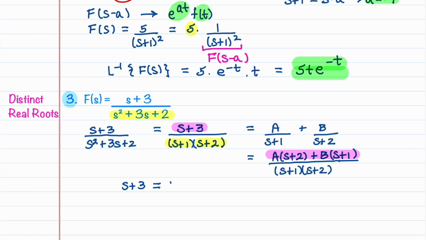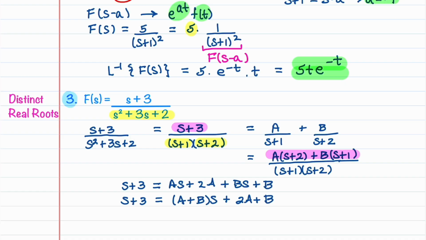We have as plus 2a plus bs plus b. Now let's split this up. We have s plus 3. We have a plus b that multiplies s, and then we have 2a plus b. Let's put a 1 here in front of the s. I think that will help us see what's going on.